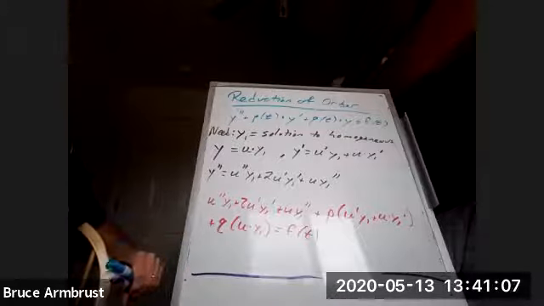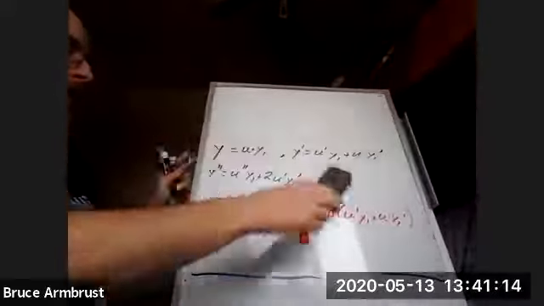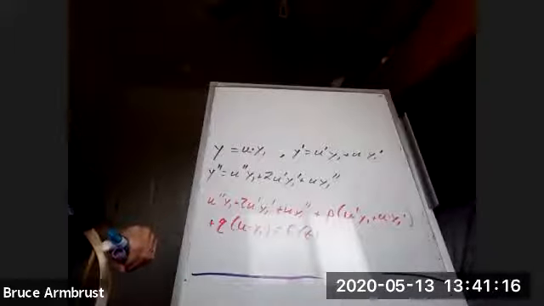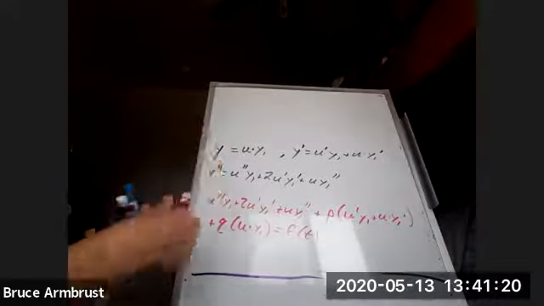So that's what this thing is going to look like. And what I'm going to do is just regroup them in their multiples of the u's.